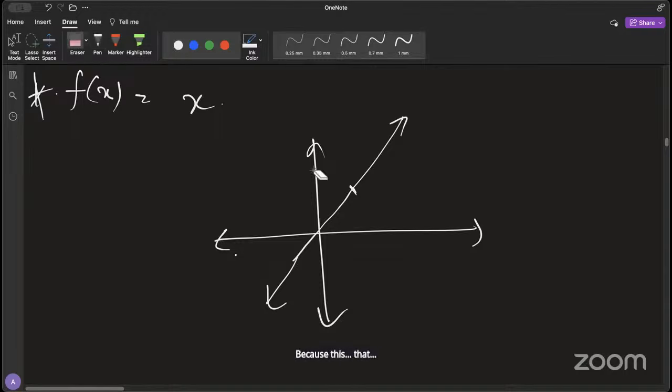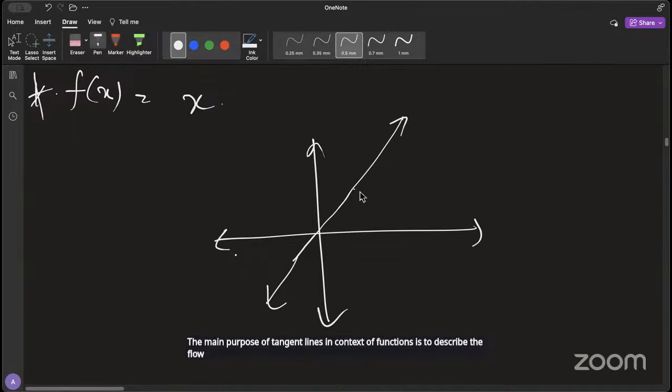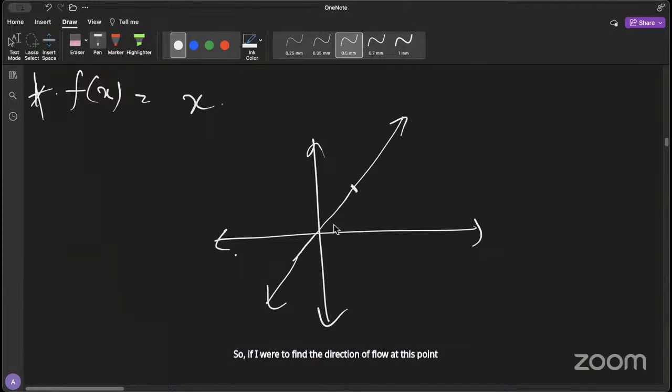And why is it so? Because the main purpose of tangent lines in the context of functions is to describe the flow, the direction of flow of your function. So if I were to find the direction of flow at this point of this function, where is it flowing? It's going there, right? In this direction. So the line that gives me the flow of this function is this line itself.